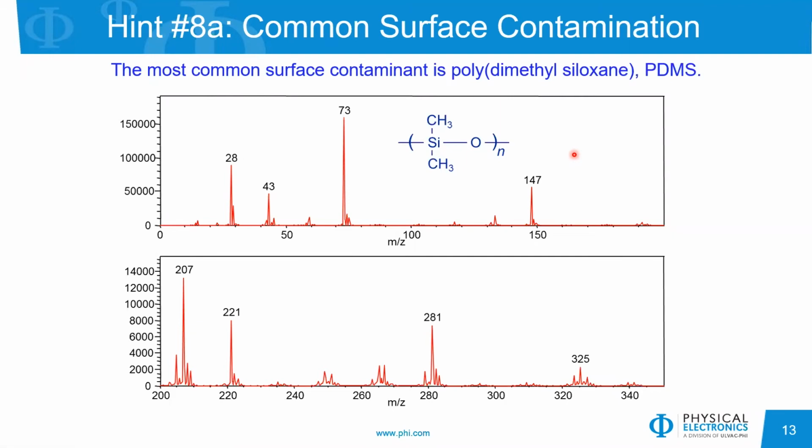A very, very common surface contaminant that is quite easy to see in TOF-SIMS is silicones. And more often than not, it is PDMS, or polydimethyl siloxane. PDMS is present in most adhesives.